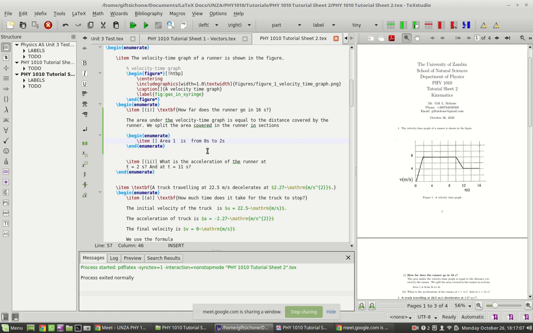The 2 seconds is a triangle. A triangle of base, how much is the base of the triangle? And height.